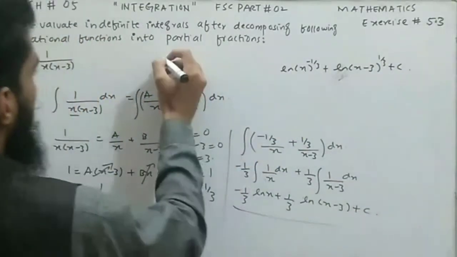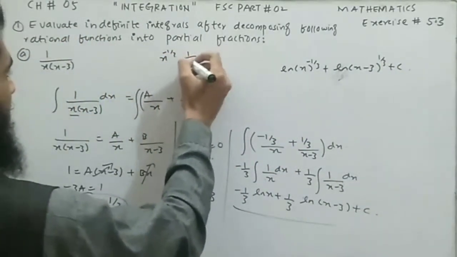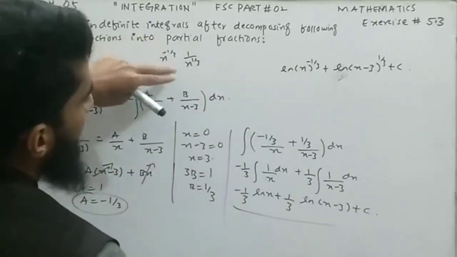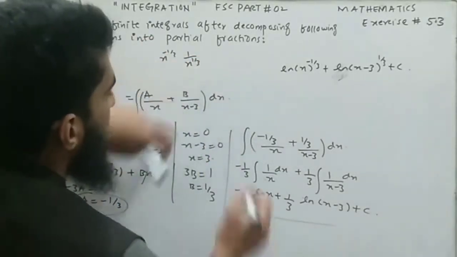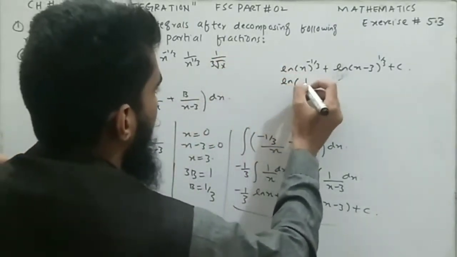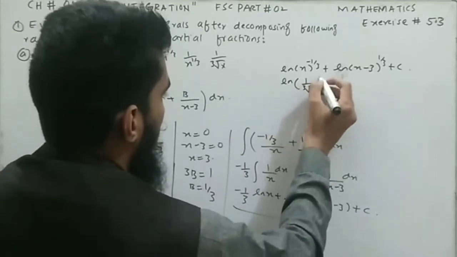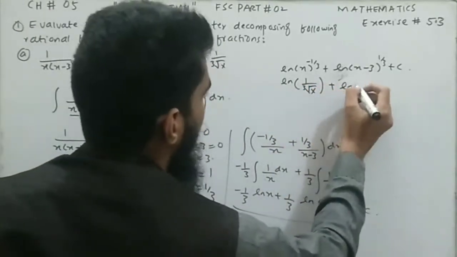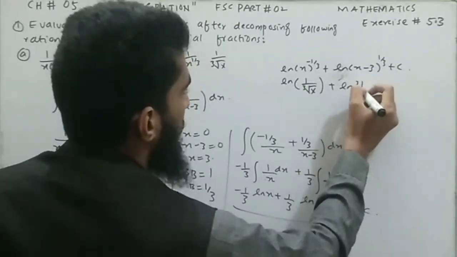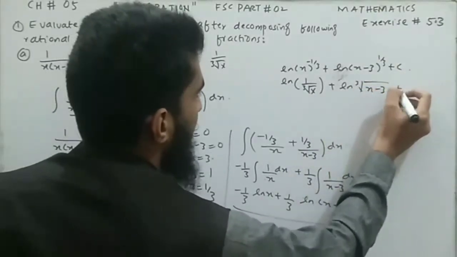Now this x power minus 1 by 3 can be written as 1 divided by x power 1 by 3, because the power is negative, so by moving to the denominator it becomes positive. So 1 over x power 1 by 3 can be written as 1 over cube root of x. So it becomes ln of 1 divided by cube root of x. After this, 1 by 3 can be written in the form of cube root, so it becomes cube root of x minus 3 plus constant of integration.